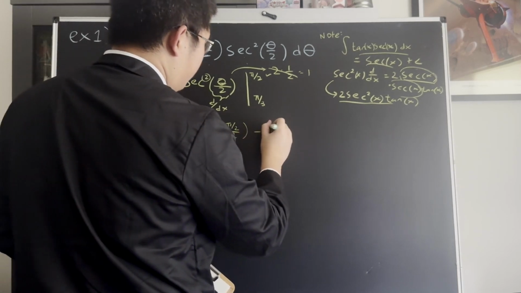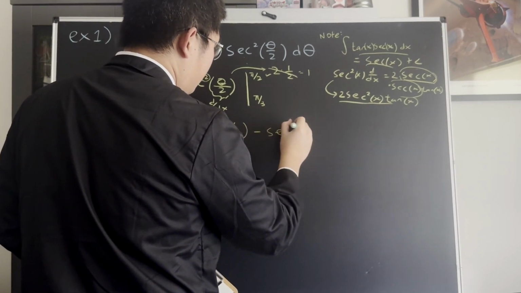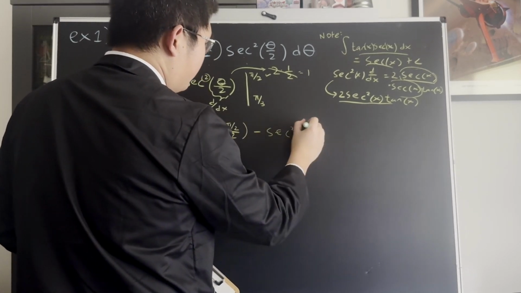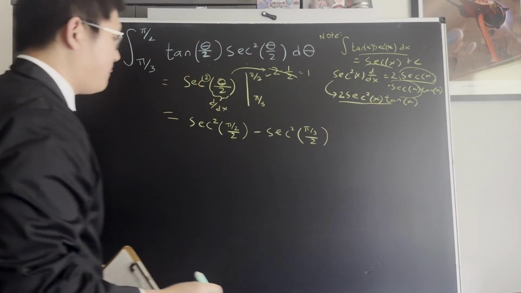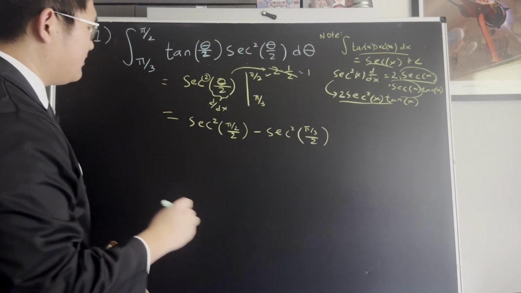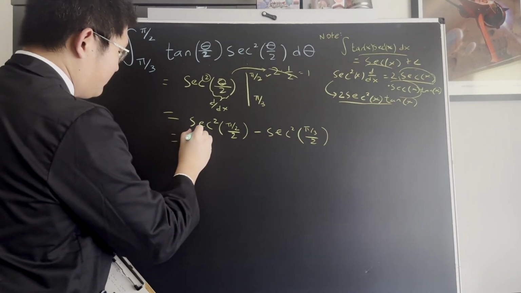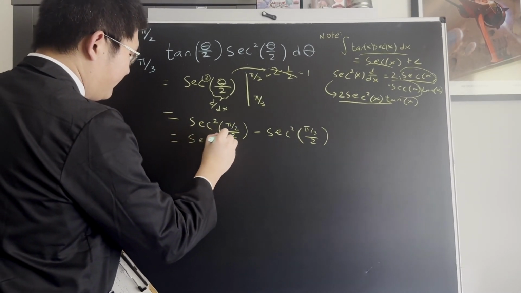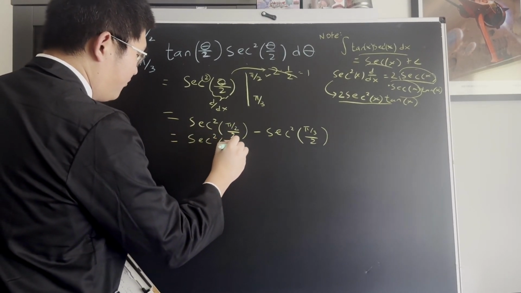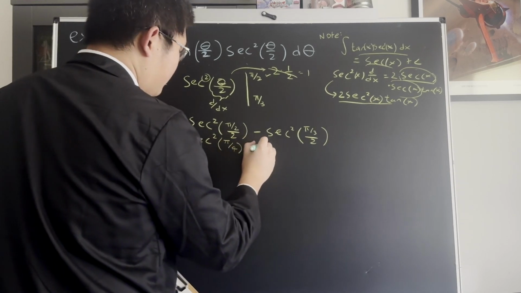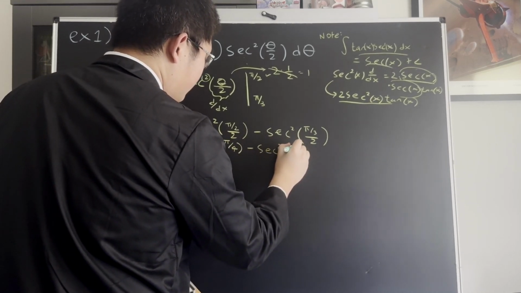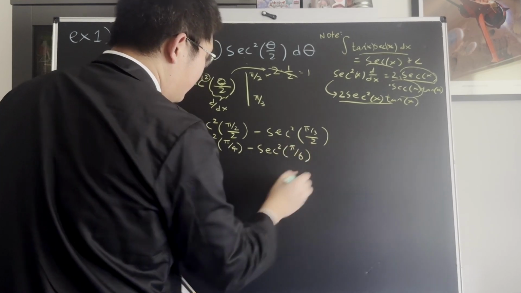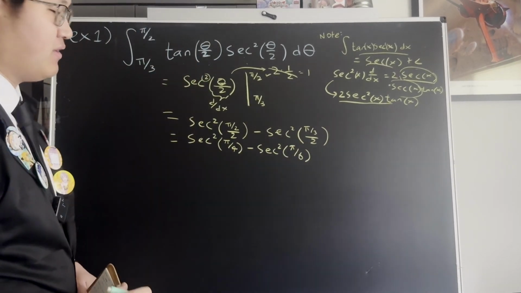And then we need to subtract secant squared of the second limit, pi over 3 over 2, in that function. Okay, we're continuing our pace along here. Let's clean up what's inside of each of these. It's going to be pi over 4 inside the first secant squared, and then pi over 6 in the second secant squared.